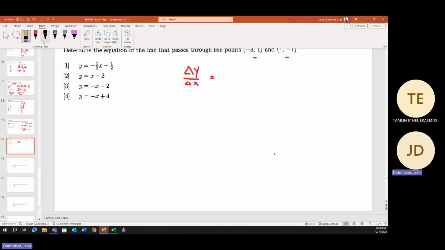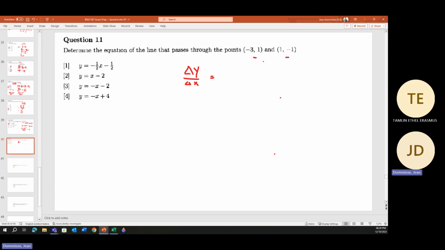Change in y over change in x: remember that is y, so 1 minus 1, and the x below, minus 3 minus 1. And that is going to be our slope. So 1 minus 1 is 2, minus 3 minus 1 is minus 4. So our slope is minus a half.